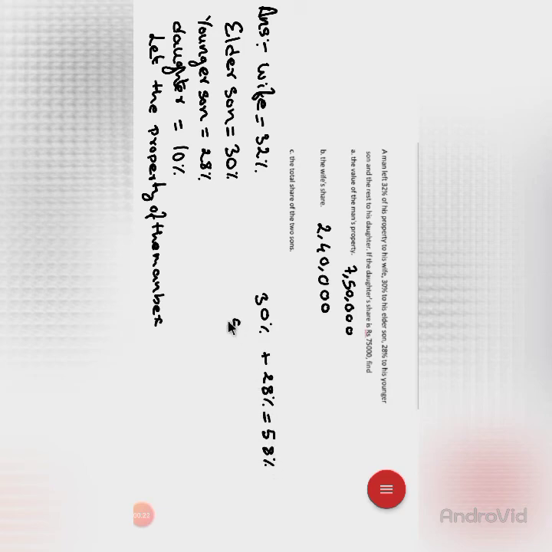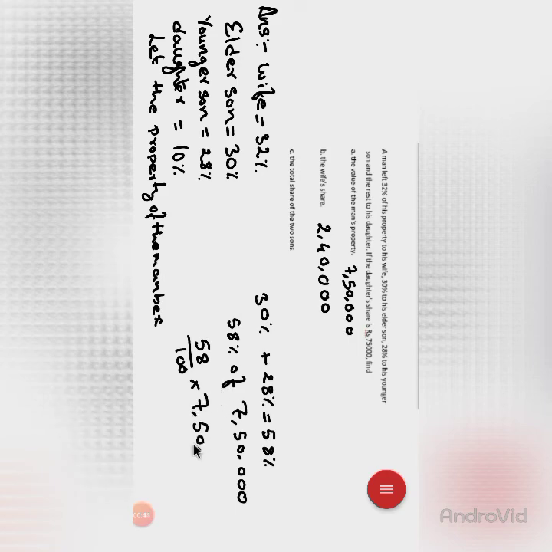So 58% of 7,50,000 will be 58 by 100 into 7,50,000. Then the total share of his two sons will be 4,35,000.